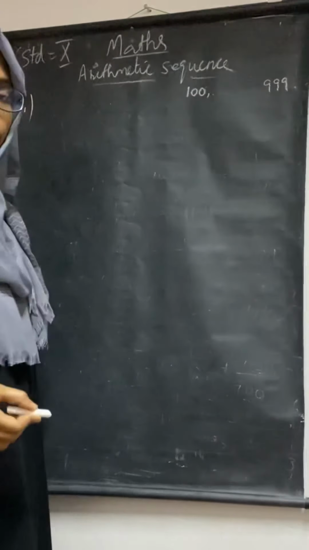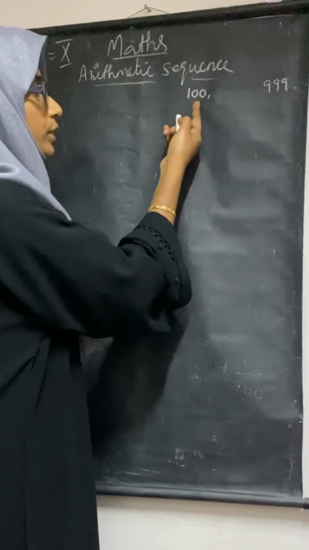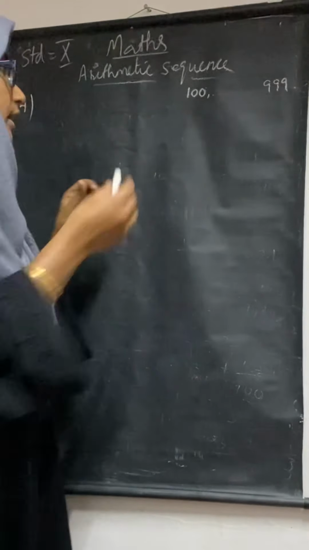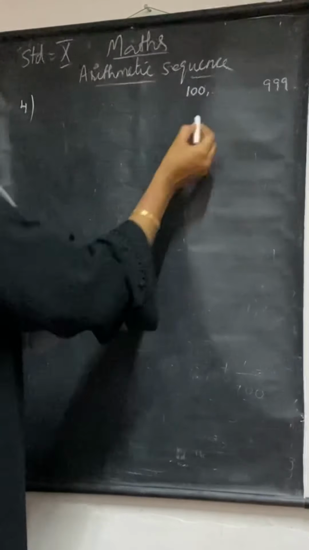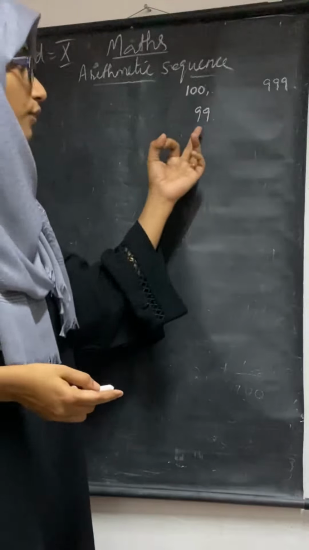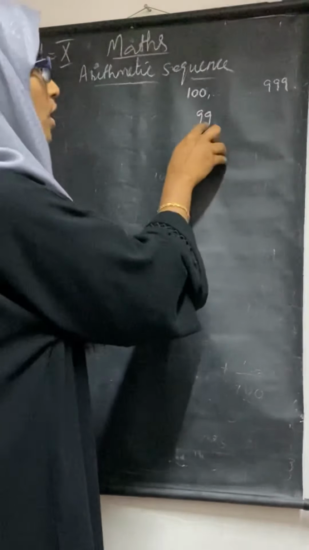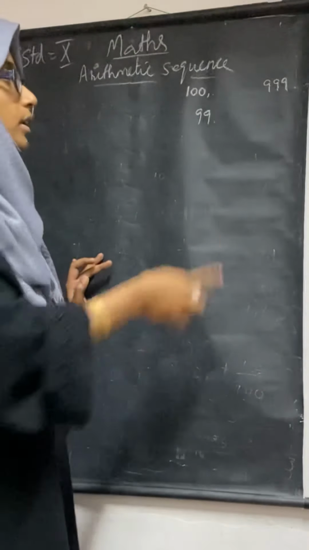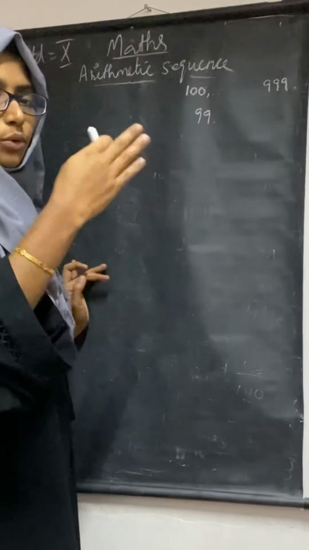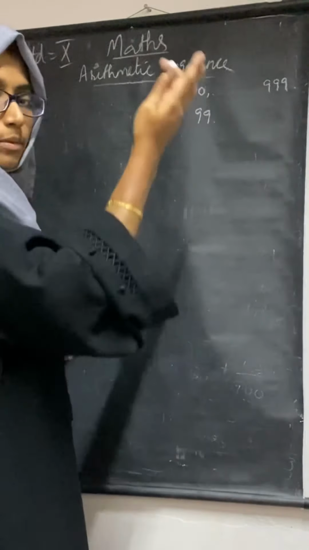So how can I find that? One easy method I can use. 100's previous number, which one? It is 99. Just check here: 99 is a multiple of 9. So what will be the next number which is a multiple of 9? Multiples of 9 means everywhere adding 9, the 9's multiplication table.